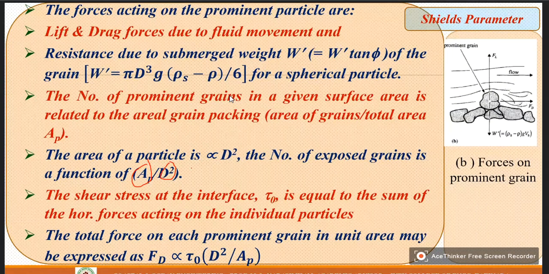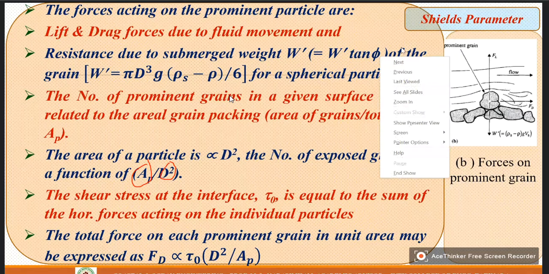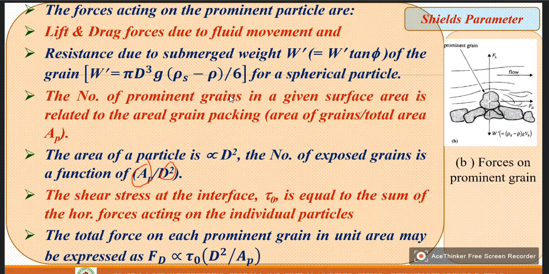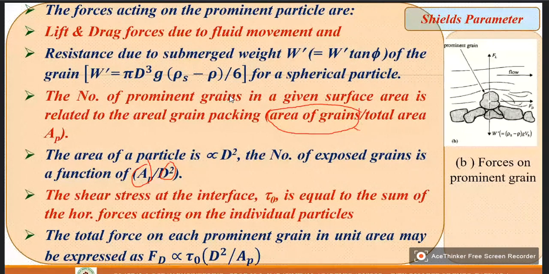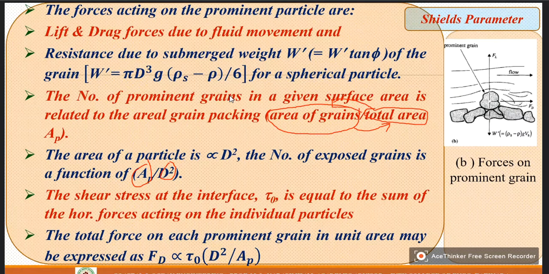So total area by area of grains will give you, actually this is the other way. This is in the denominator. This is in the numerator. Total area by area of each grain.